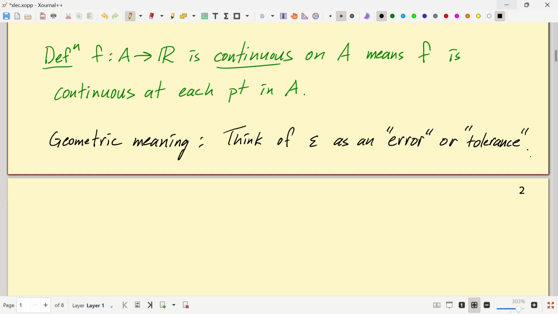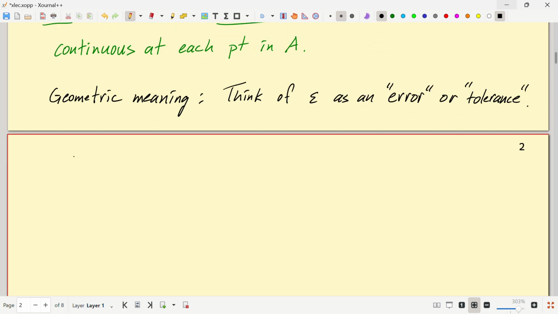Okay, so the geometric meaning would be, I'll have an f here. Let's say this is going to be f of C right here. And then I got to be within epsilon of that.